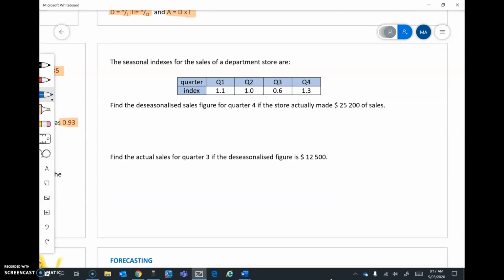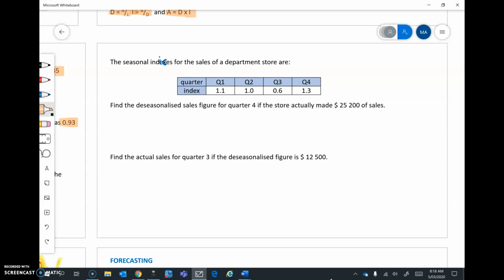We're utilizing the same equation, but this time we're given a table of the indices. They say indexes here, but that's wrong. It should be indices. Anyway, find the deseasonalized sales figure for quarter 4 if the store actually makes 25,200 of sales.